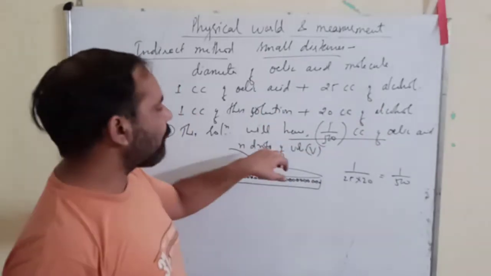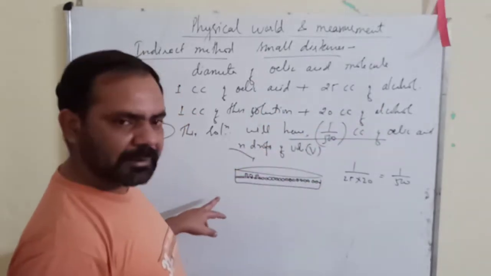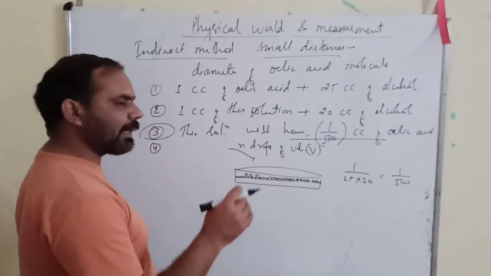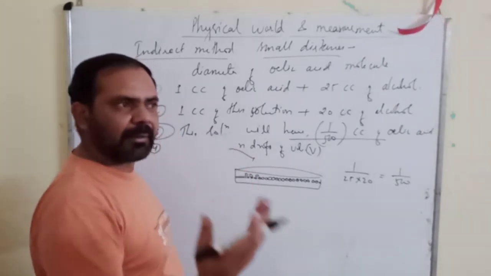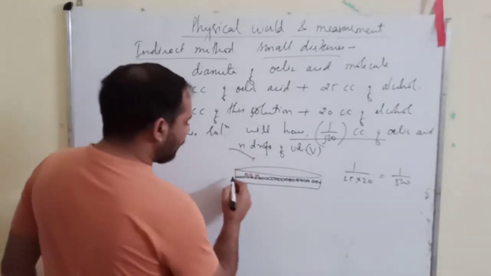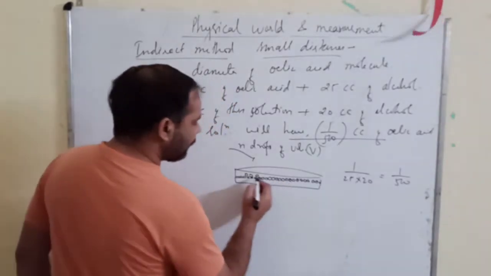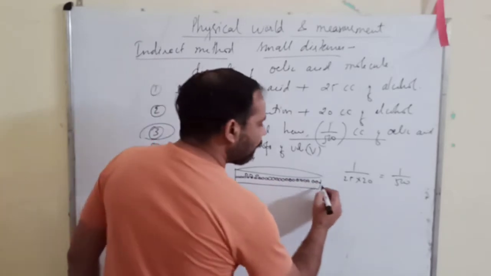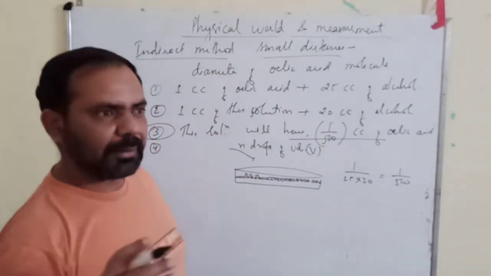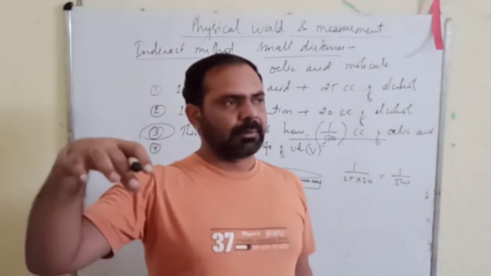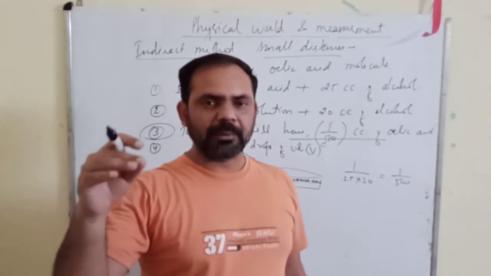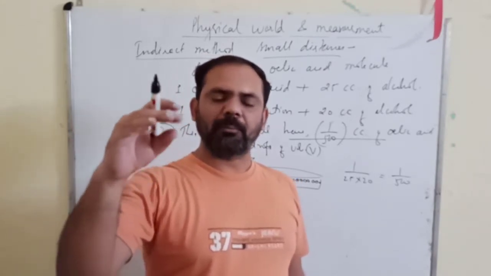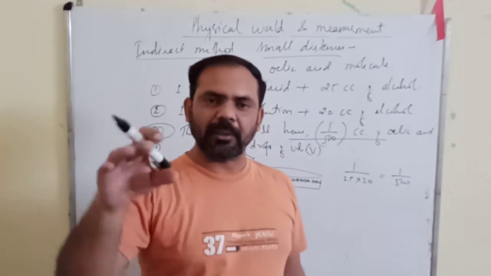Now you pour n drops of this solution into a broad vessel, and what will happen? The oleic acid, being lighter, will form a layer on top of the alcohol. The alcohol will evaporate, because its boiling point, its point of vaporization, is very low.